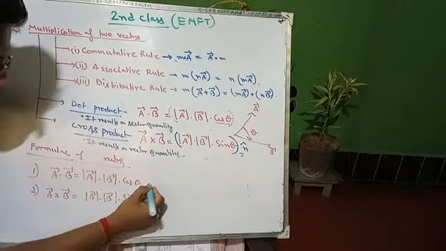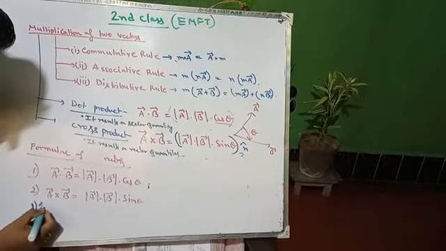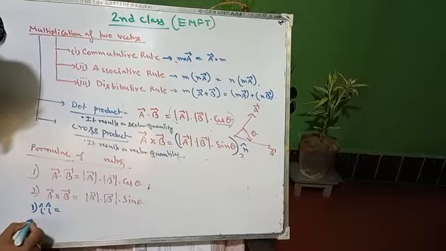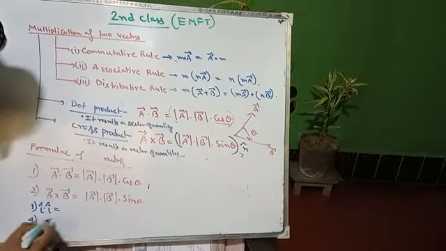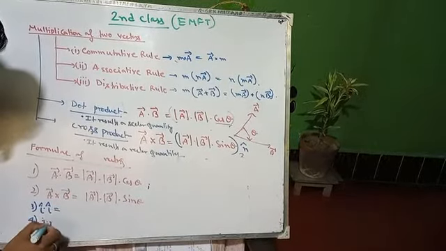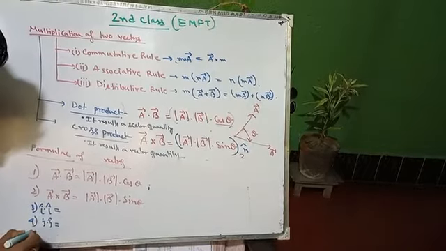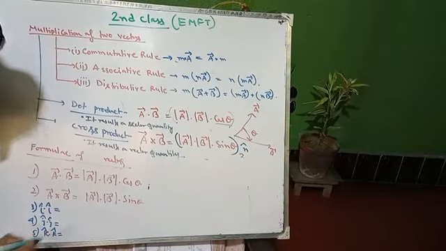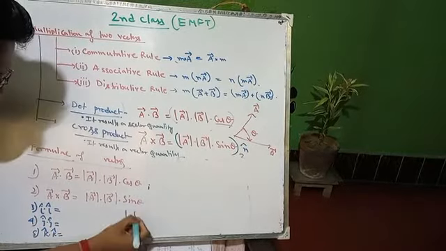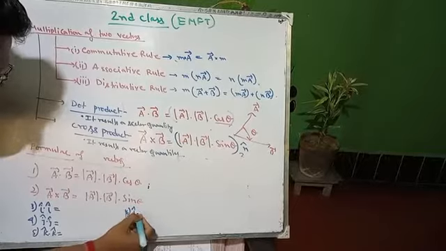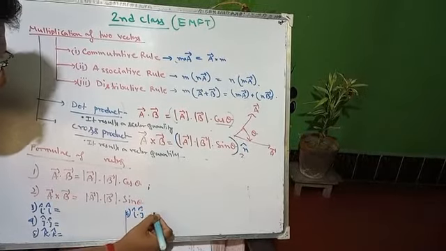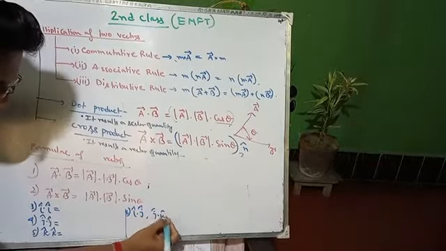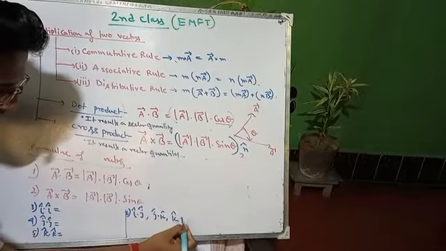Third formula: i dot i, what is the value? Second one, j dot j. Third value, k dot k. And sixth one, i dot j, j dot k, k dot i.